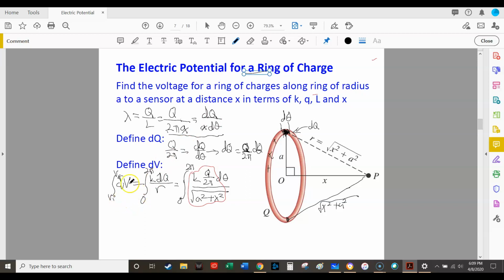So dv is integrating from vi to vf, and that is actually just going to be vf minus vi, which we're calling delta v.